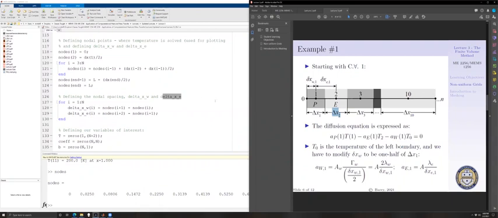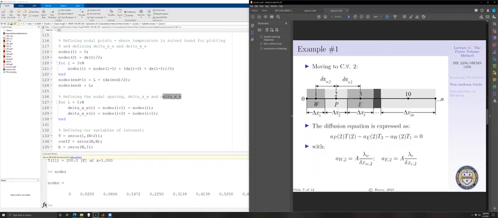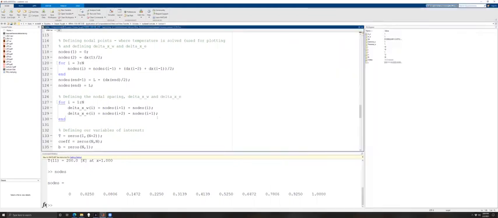When we're at our first node, all we have to do is take node i plus 1 minus node i. So this would be 2 minus 1. That's our distance. Delta x east would be i plus 2 minus i plus 1. And between these two control volumes. Repeat as we move down the line. So we have all our delta x's defined.